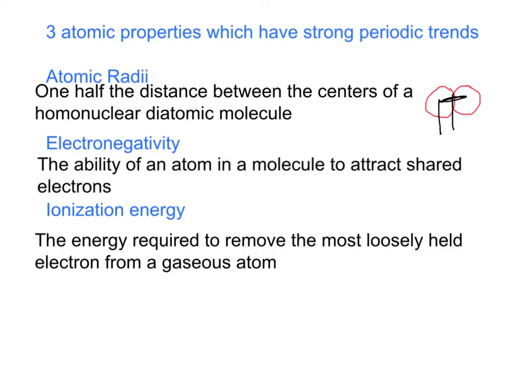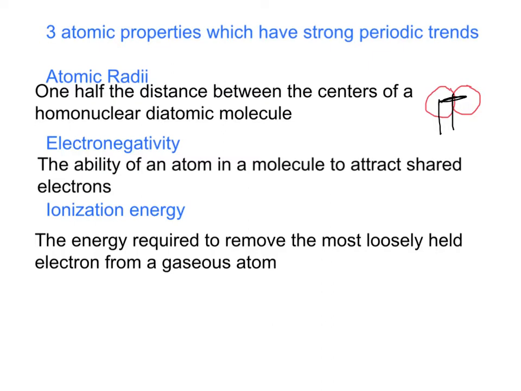Since the electron cloud is not like a hard shell, you can't actually measure from the nucleus to the electron cloud, it's sort of fuzzy. So it's kind of hard to determine the exact size. But we can measure the distance between the two nuclei, and then half that, and that's a good estimate of the size of an atom, or kind of relative size of atoms.